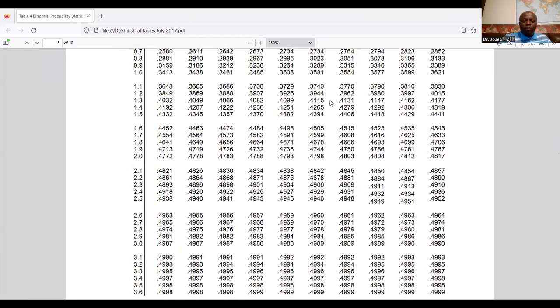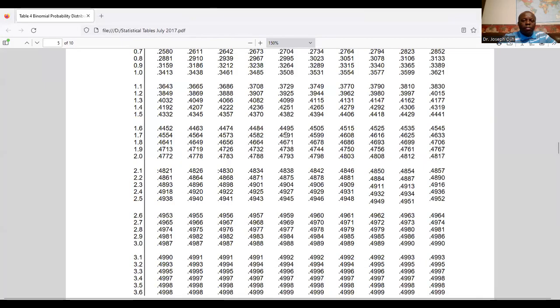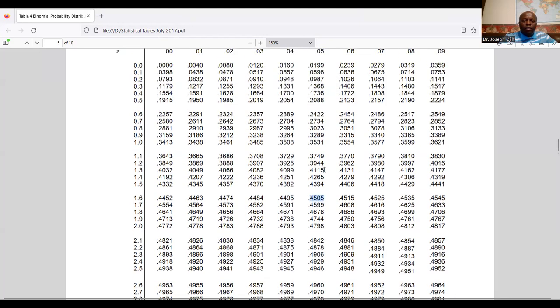The values that are closest to 0.4500. We have 2 of them, 0.4505 and 0.4495. Each of them is 5 points away. So when you have it in that form, choose the bigger one, and then you follow it to the left.